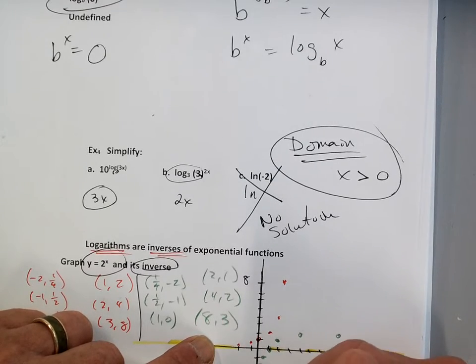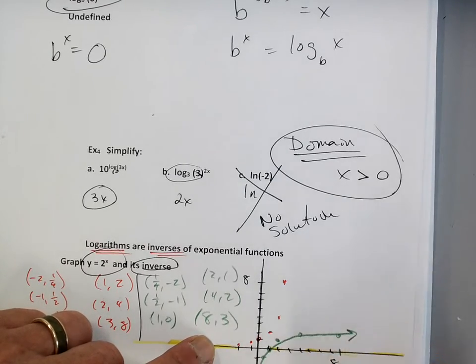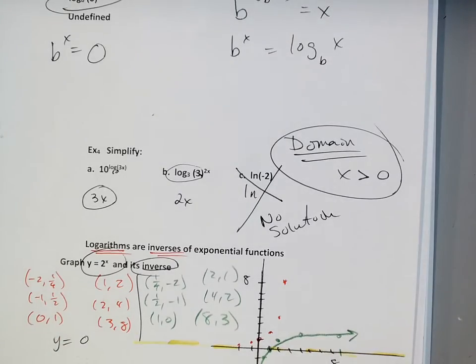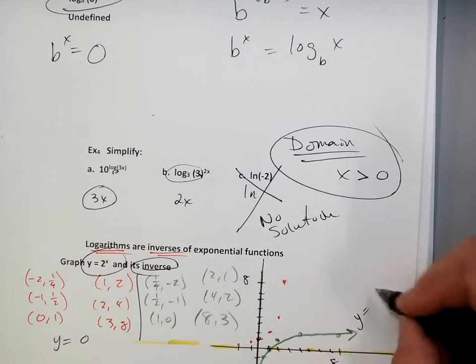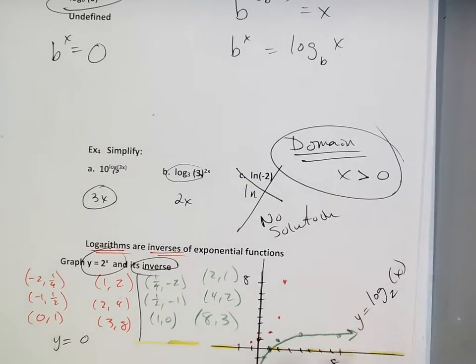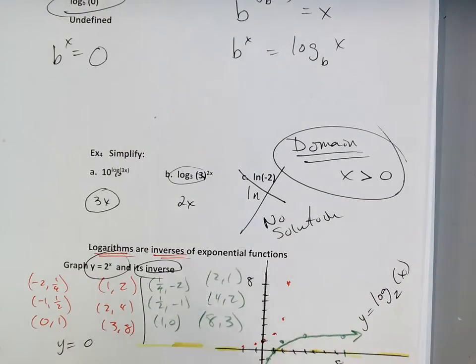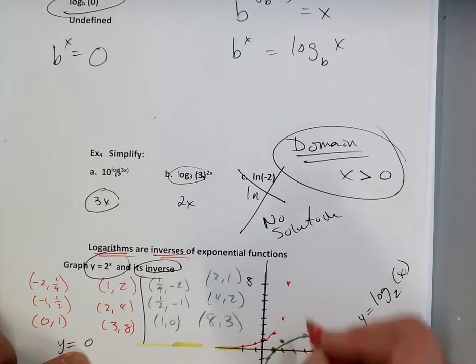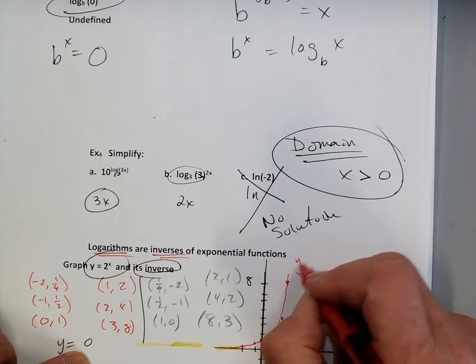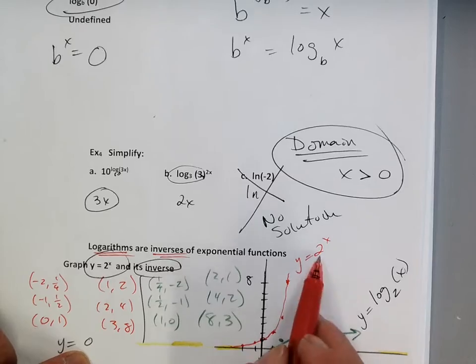If I draw this in, it's going to look like that. That's the log graph. That is the graph y equals log base 2 of x. And the reason it's base 2 is because this was y equals 2 to the x, so base 2.